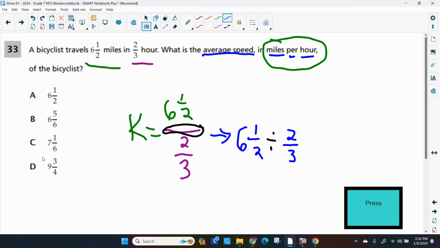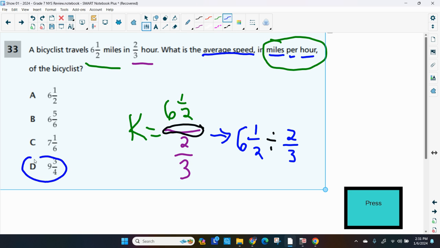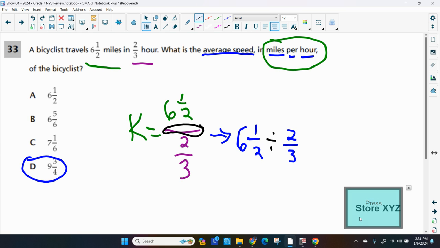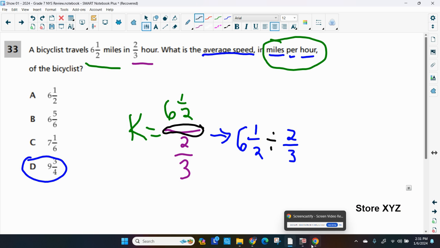Now if you got 9 and 0.75, that's no problem. Just use the other button to change that to, oops, I didn't change that. So sorry, folks, didn't change that.